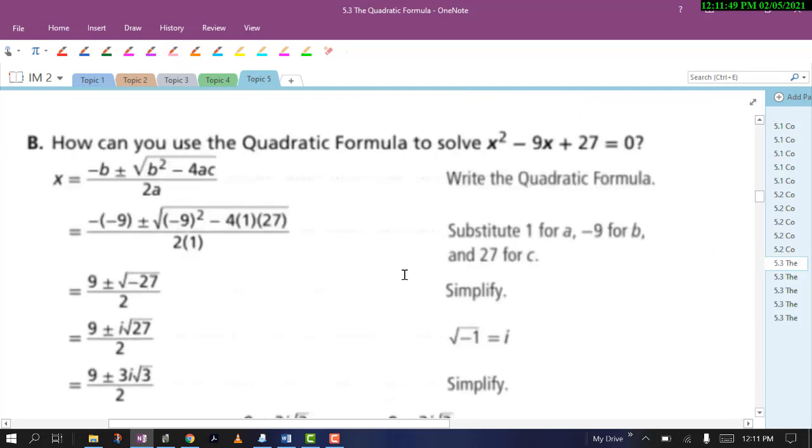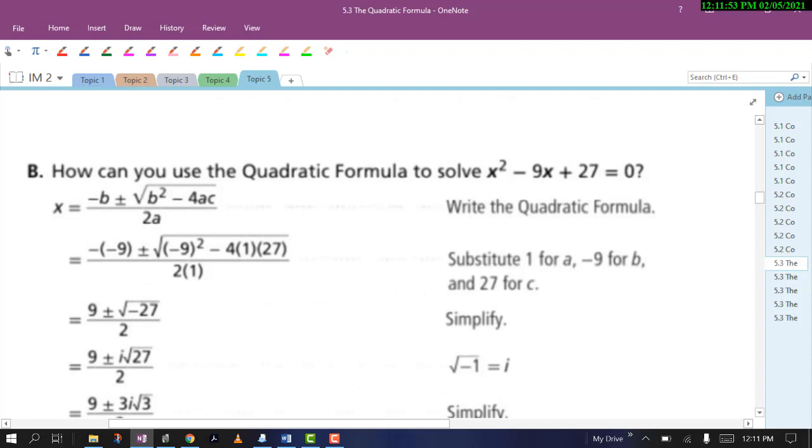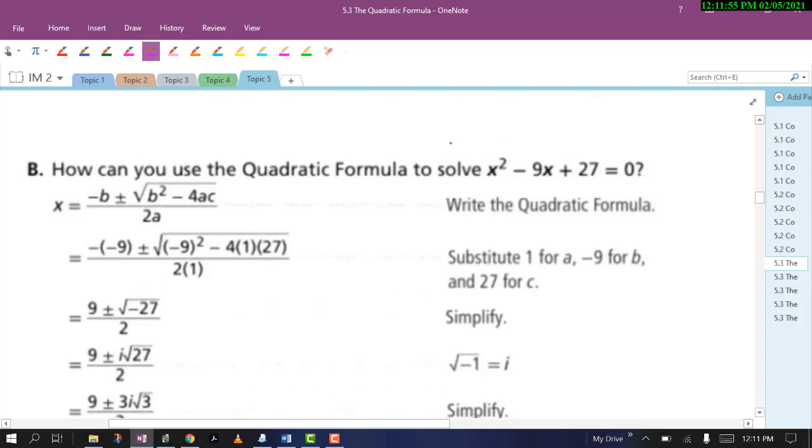So let's look at another one. How can you use the quadratic formula to solve x squared minus 9x plus 27? All right, so again, A is what's in front of the x squared? That's right, a 1. B is negative 9, and C is positive 27. So we substitute in.